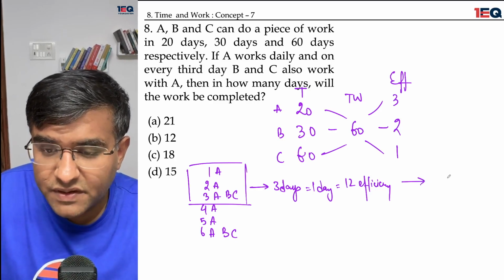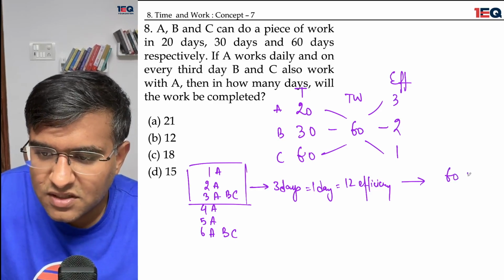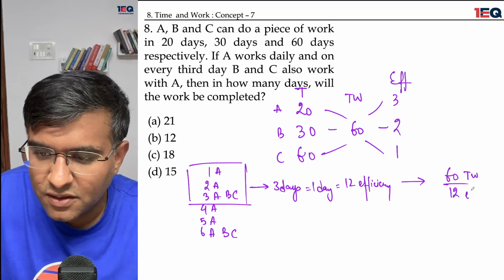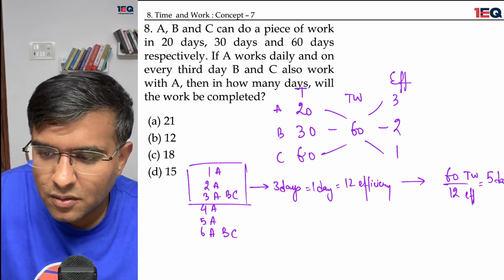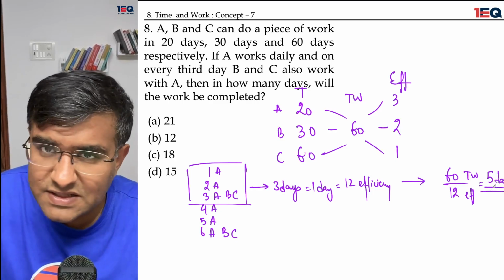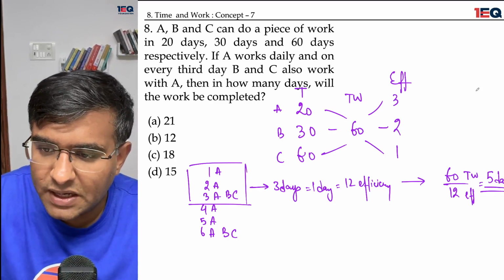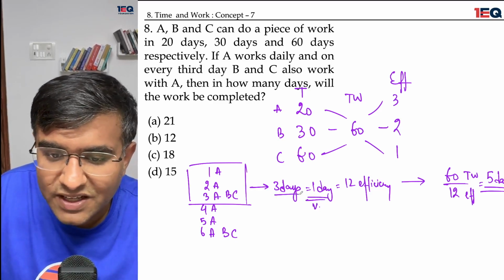If 12 efficiency is being supplied on a virtual 1 day basis, this means the total work of 60 would be done with the 12 efficiency, and it would give me 5 days of work. In 5 days, the entire work is going to get completed, but this is not the complete answer, because I have assumed that one virtual day is equal to 3 real days.